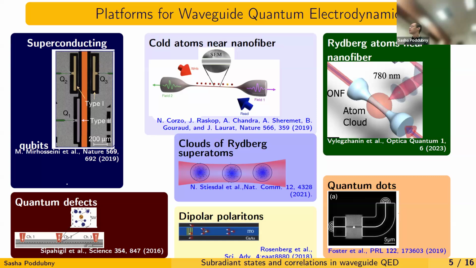Instead of a quantum dot, you can have defects. I think here there are silicon carbide vacancies, and they are also near a waveguide. So these are solid state systems.